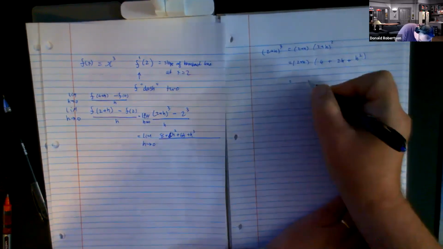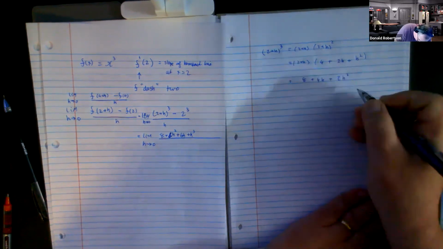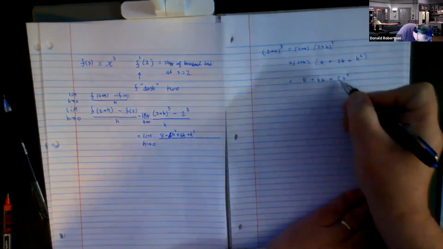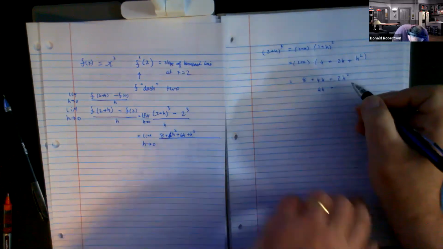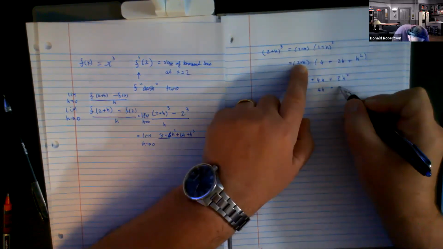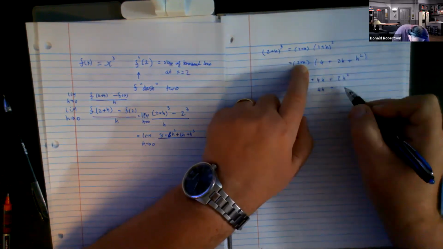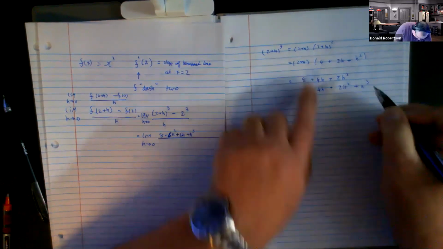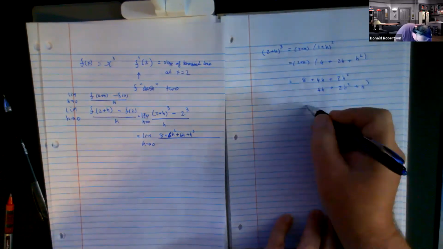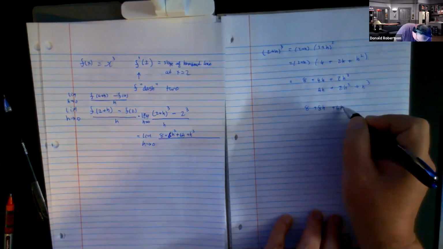That's going to get me 8, 4h, 2h squared, and then 4h, 2h squared, and then h cubed. So I'm going to get an 8. That one I got right. 8, 12h, 6h squared, h cubed.